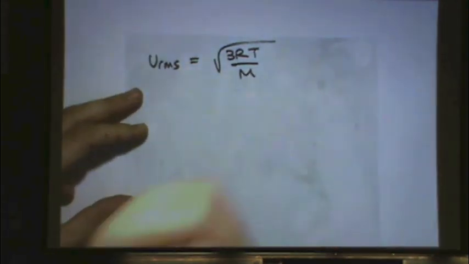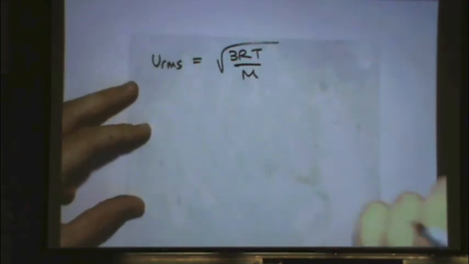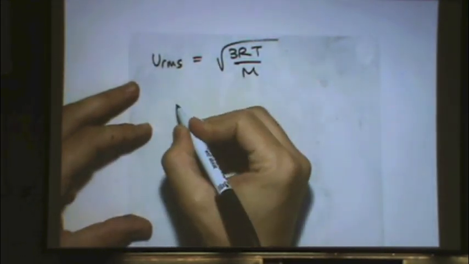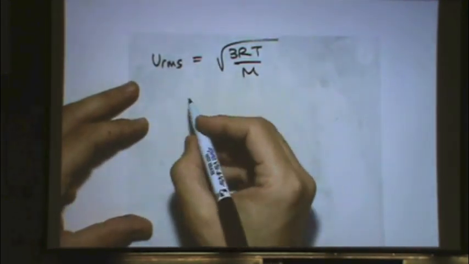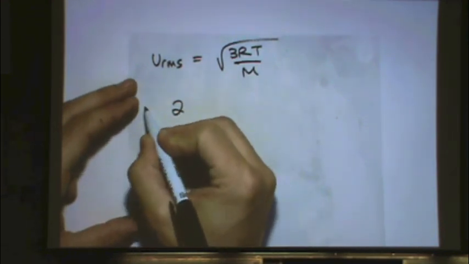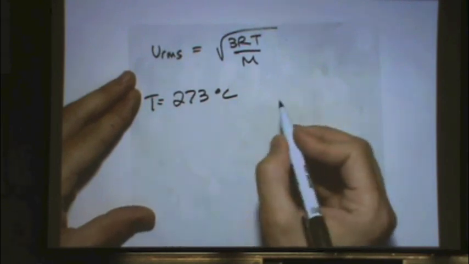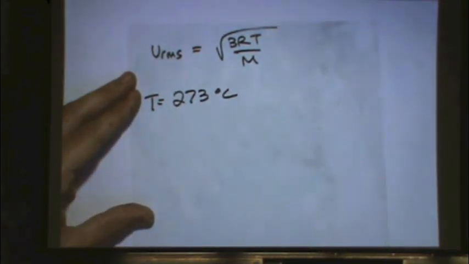So the root mean square is going to be a simple calculation. Let's say the temperature is 207 degrees Celsius. And let's say, somebody pick an atom for me.